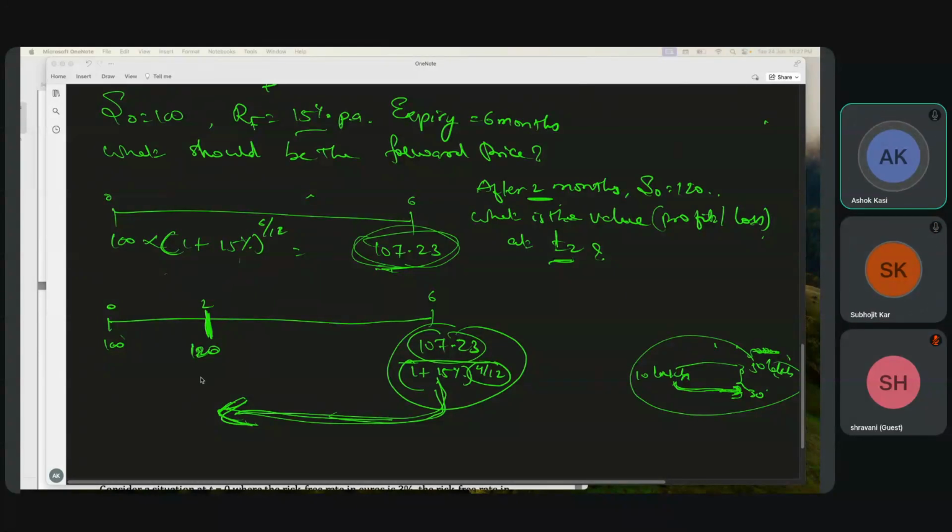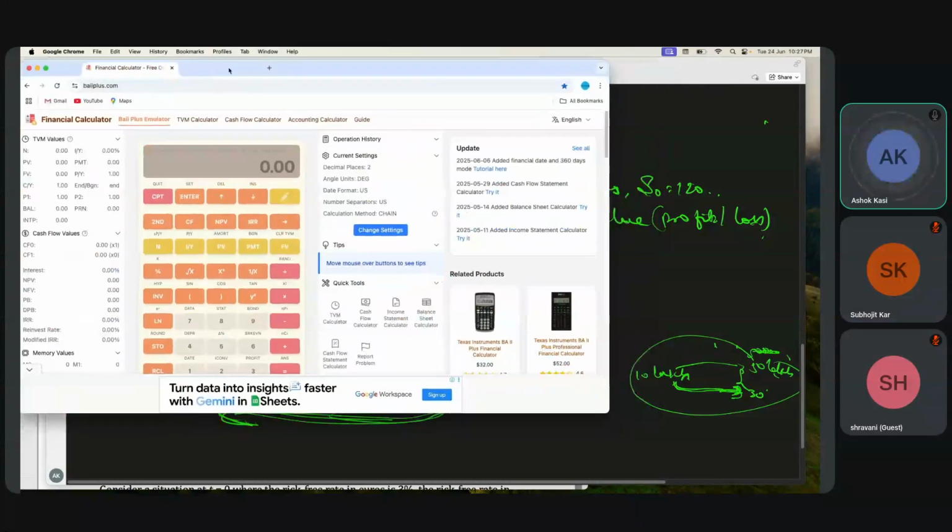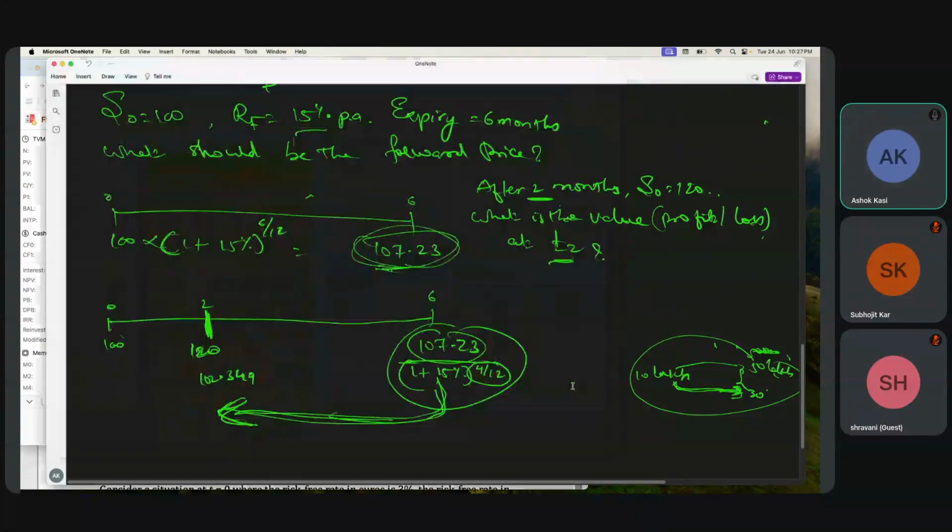102.349. Okay, so how to do? I'll just show it to you once. See, 4 by 12.